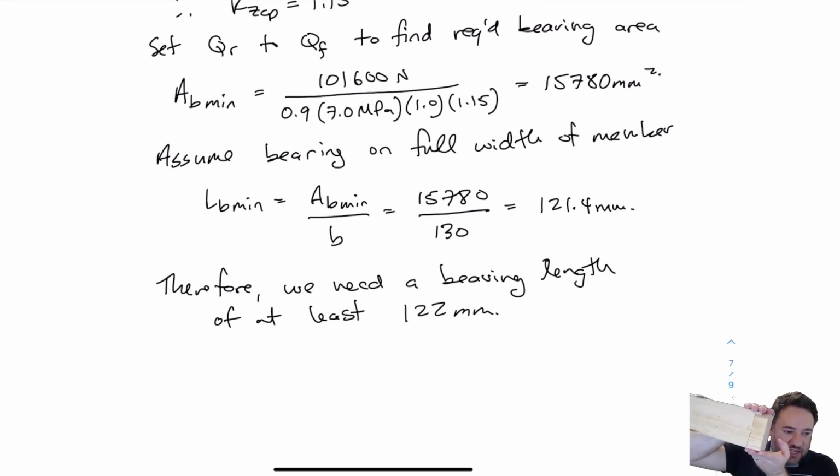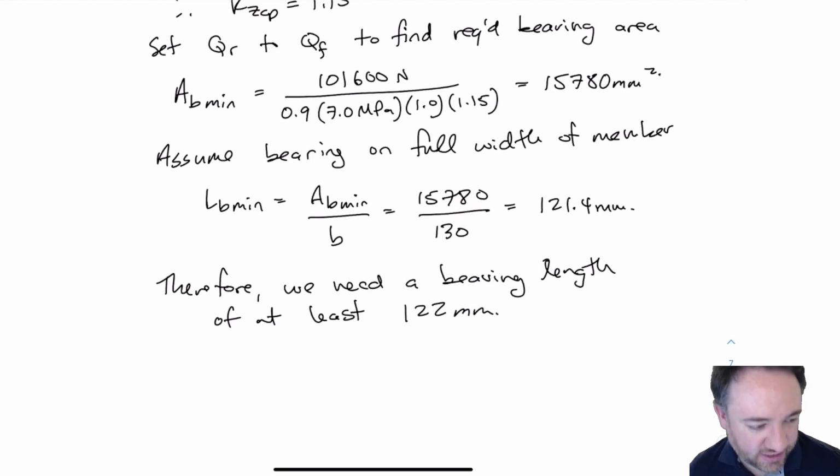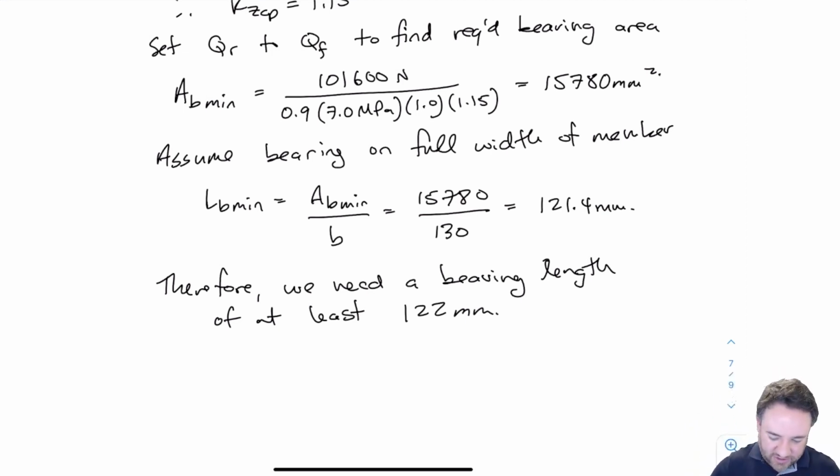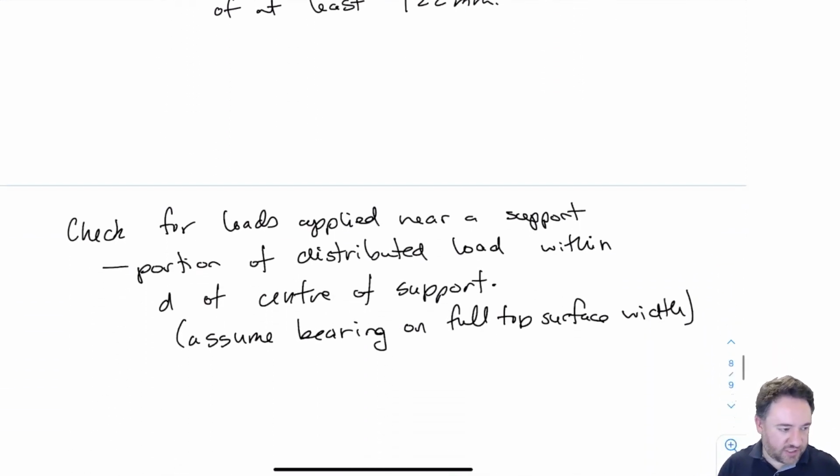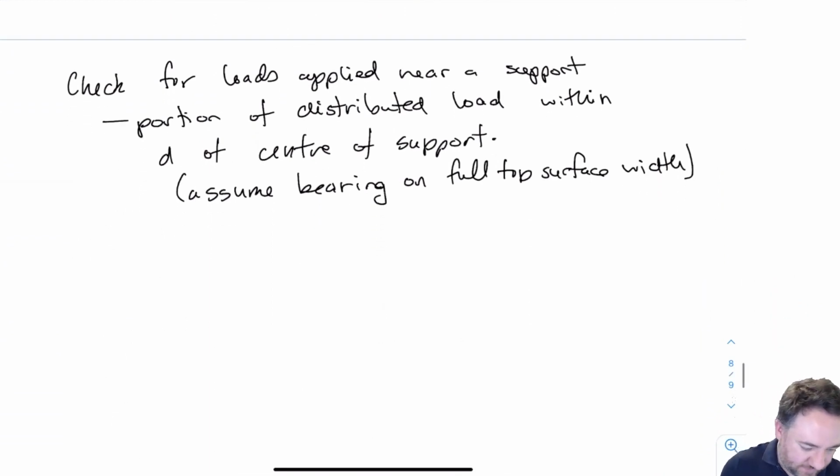And if that satisfies everything, then that's fine, because if we had a larger bearing surface, it would also be fine. It would not reduce the strength of effective loads applied near a support. So as long as the minimum works, then this check is going to be fine. So let's find the total length of the beam within D of the support.